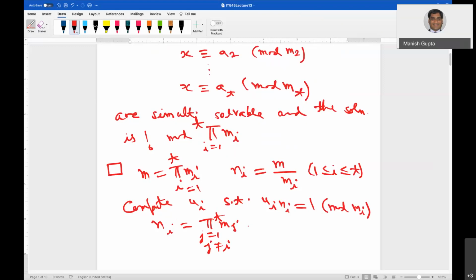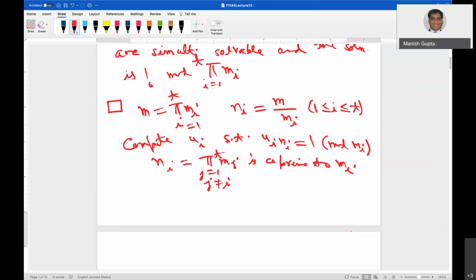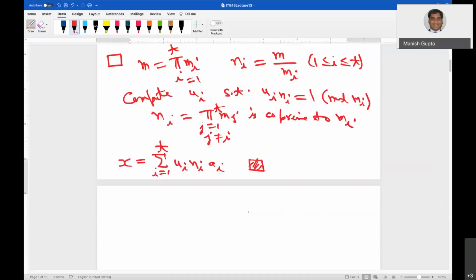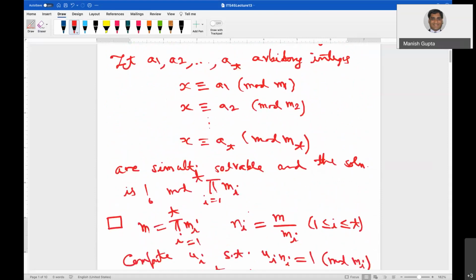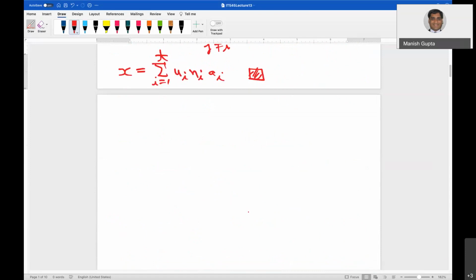Now ni is co-prime to mi, so the inverse exists and the solution turns out to be x equal to the summation i equal to 1 to t of ui ni ai. That is how we get the solution. Let me show you an example of how we apply the Chinese remainder theorem, and actually we will use this technique later on.